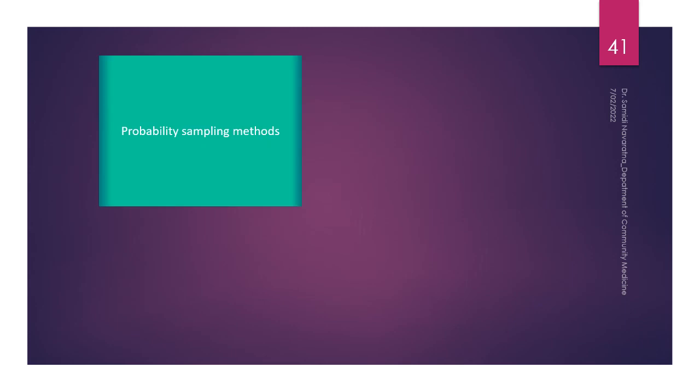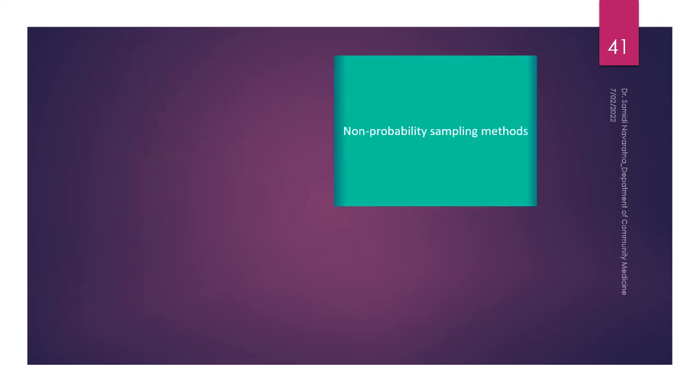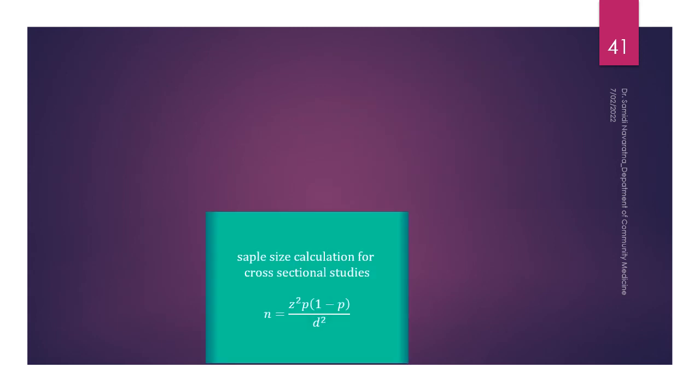So we learned about the probability sampling methods, and we learned about the non-probability sampling methods, and finally we learned about the sample size calculation for cross-sectional studies in particular, and we touched on certain other things, and you may need to read around the topics if you are interested to find out more.